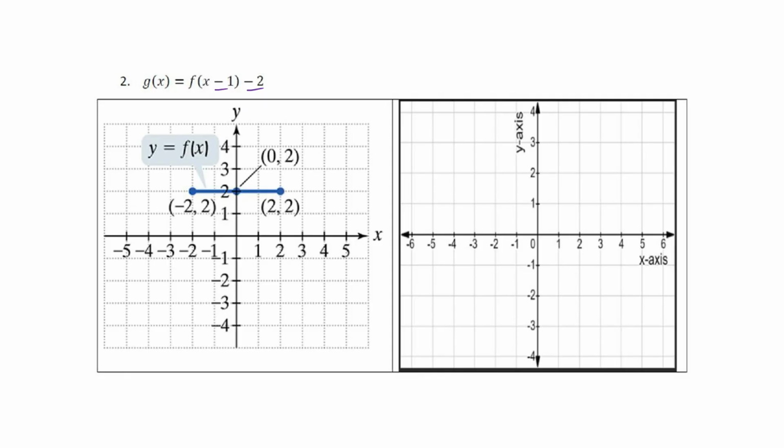So our first transformation, the minus 1, is going to be a horizontal shift 1 unit to the right, and then the minus 2 will be a vertical shift 2 units down.